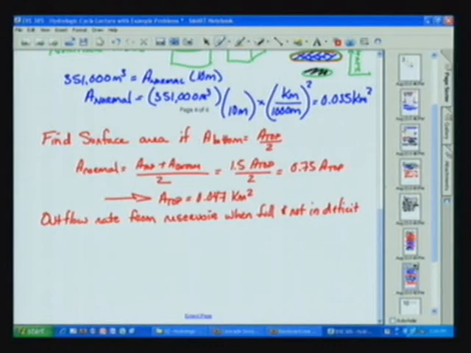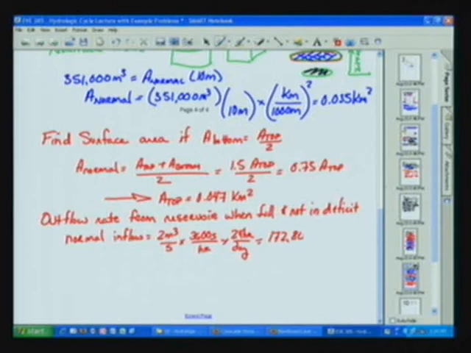Okay. Well, the normal inflow is 2 cubic meters every second. And again, our conversions that we'll have here. So we have 172,800 cubic meters of inflow every day.